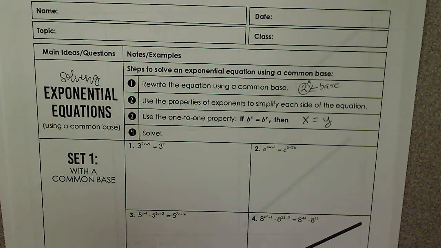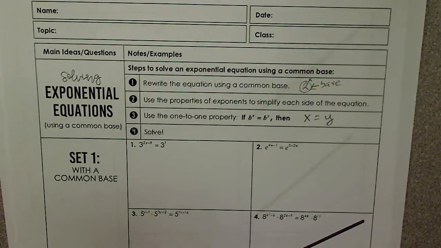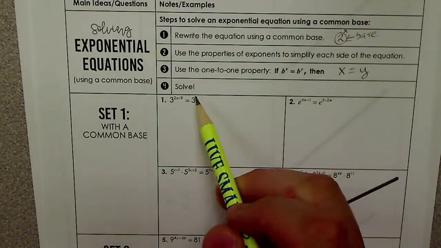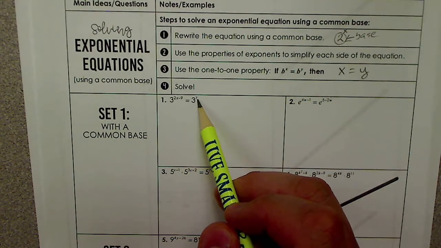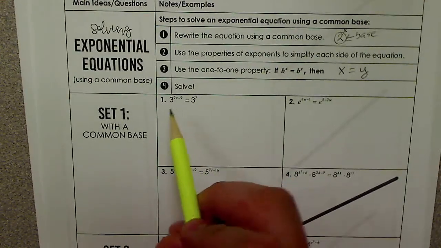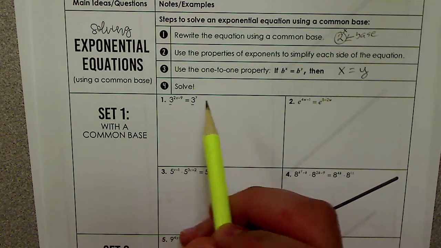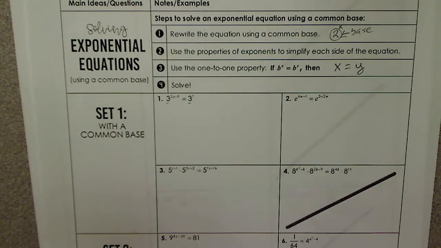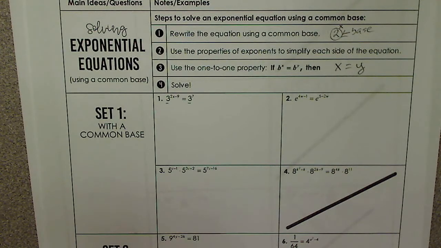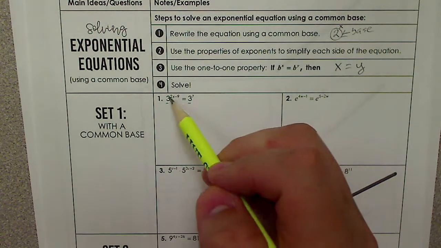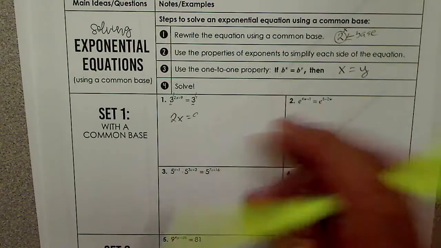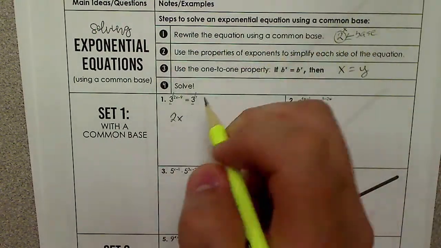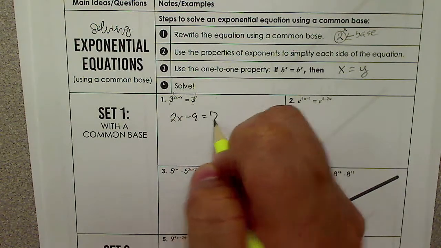Okay, so here's kind of what you're looking at. If I had 3 to the 2x minus 9 is equal to 3 to the 7th, first thing you notice is the fact that they both have a base of 3. And since they both have a base of 3, we're just going to drop the base, get rid of it completely, and our exponents become the equation we're going to solve.